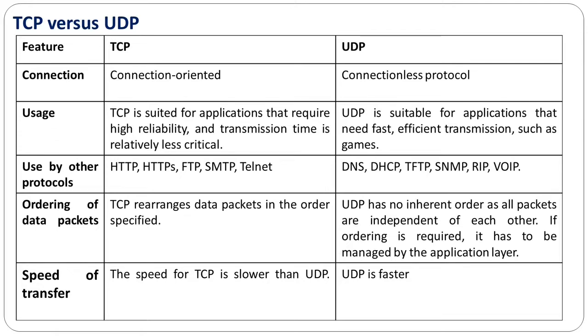Then usage: TCP is highly reliable, and transmission time is less critical compared to UDP, as applications which require fast transmission use UDP compared to TCP. The protocols using TCP are HTTP, Telnet, FTP, while DNS, DHCP, VoIP are services which use the UDP protocol.